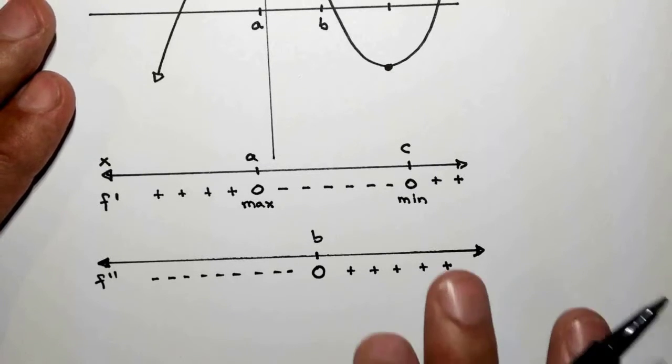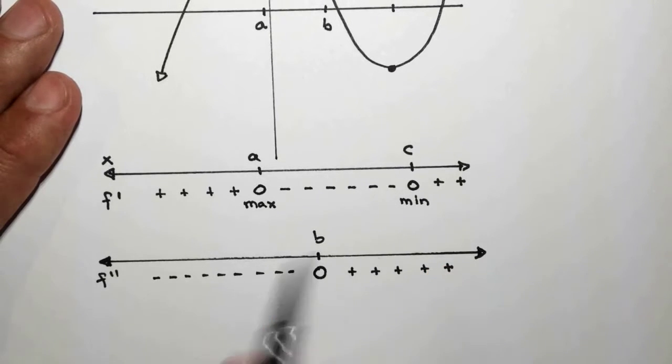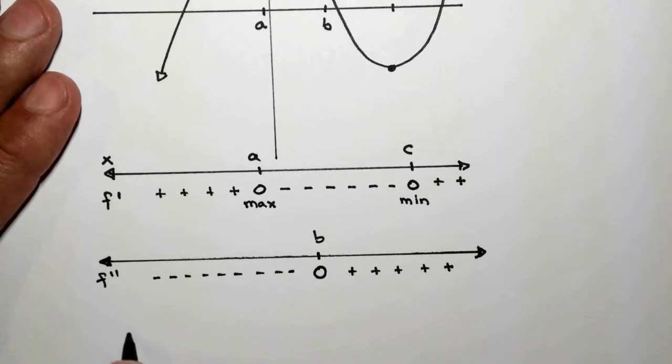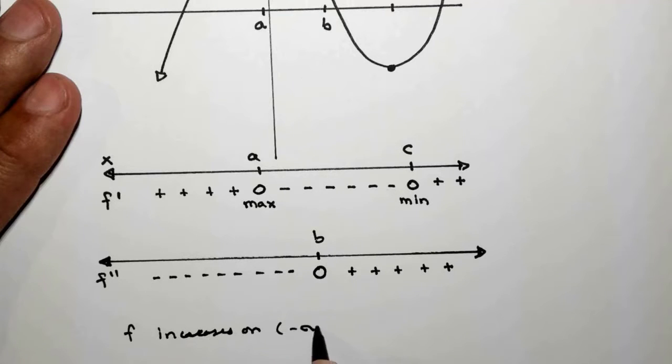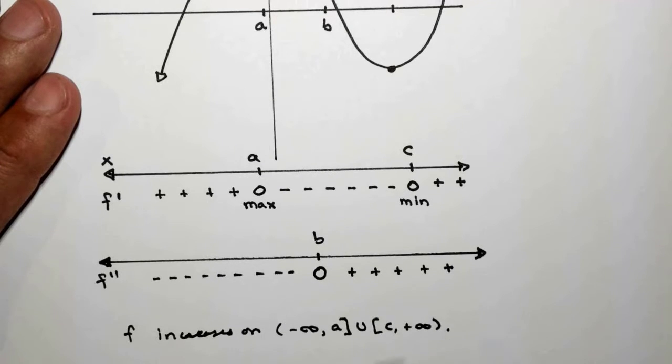So just to take a look at our conclusions here, we know that f increases on negative infinity to a union c to positive infinity.